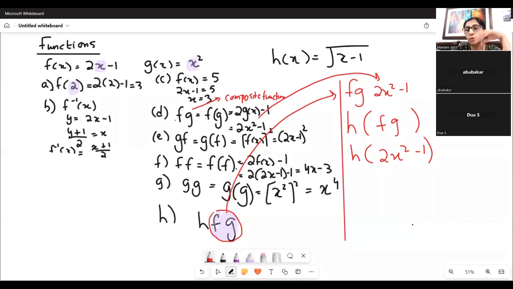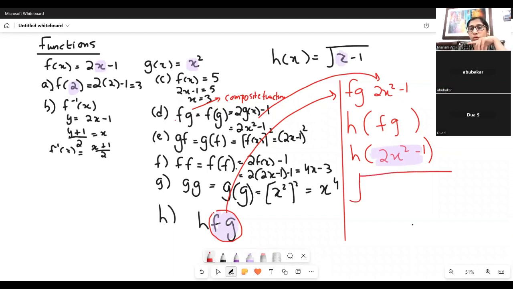Now tell me, Abu Bakr, what will we do now? Square root of 2x square minus 1, and with that another minus 1, and again minus 1, and then square root. Good. So this is actually square root of 2x square minus 1 minus 4.